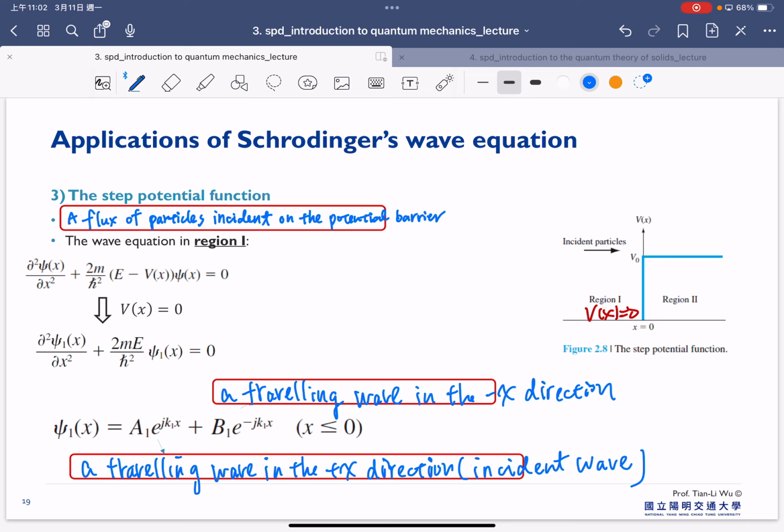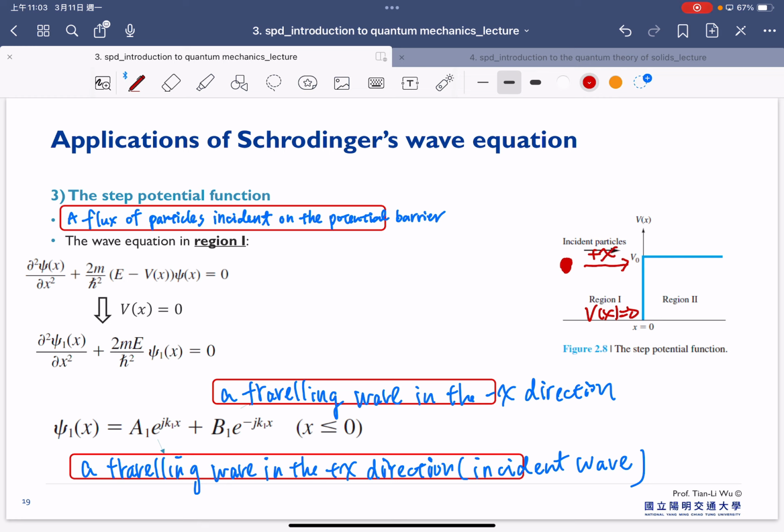So from this result, I think it's also very straightforward. That can be understood because if we have the incidence of a particle toward the right, then in region 1 there could be only two cases. One is you have the traveling wave in the positive x direction.